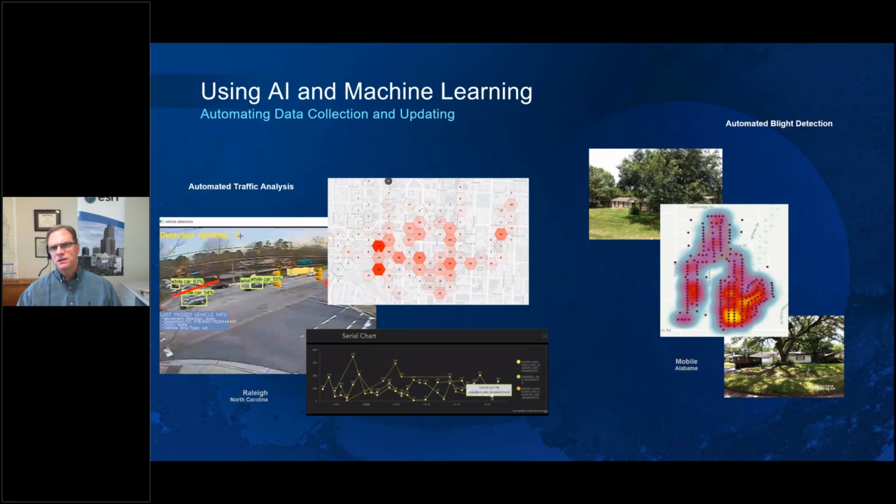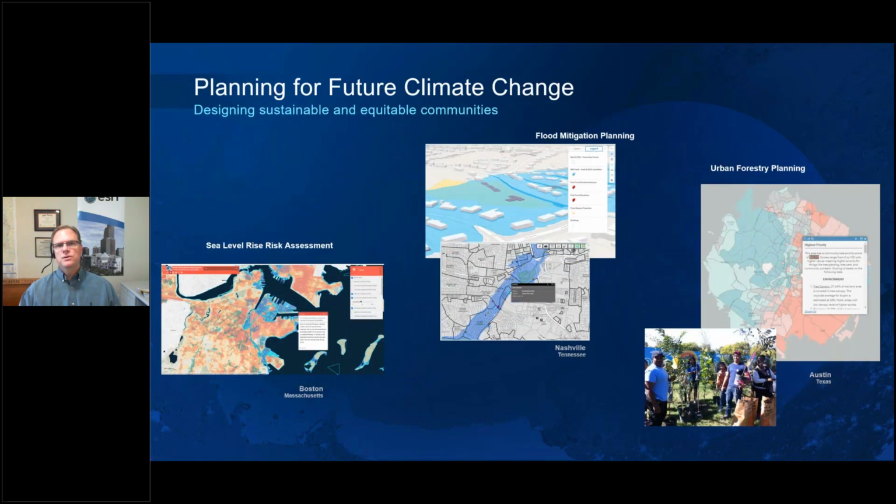And then this information can be shared throughout the county and the city with other departments. And then we're also seeing the use of GIS for dealing with future climate change. So in Nashville, they're using GIS for dealing with the flooding from the Cumberland River, which flows through the middle of town, and then identifying properties that needed to be purchased for relocation.